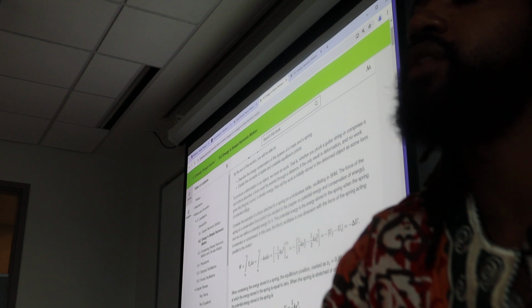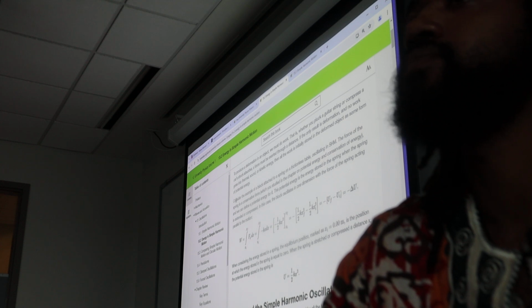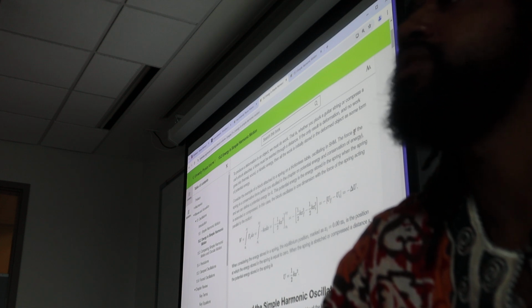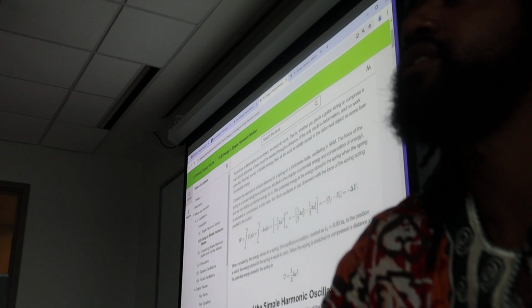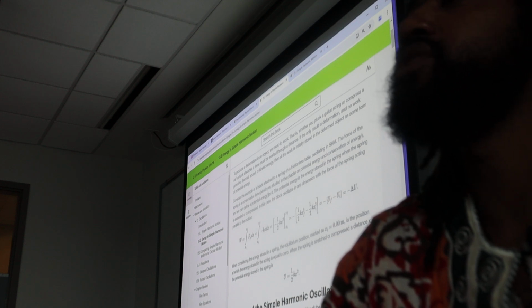So that's the big thing that we're about to look at: potential energy and kinetic energy. Consider the example of a block attached to a spring on a frictionless table, oscillating in simple harmonic motion. The force of the spring is a conservative force, and we can define a potential energy for it. This potential energy is the energy stored in the spring when the spring is extended or compressed.